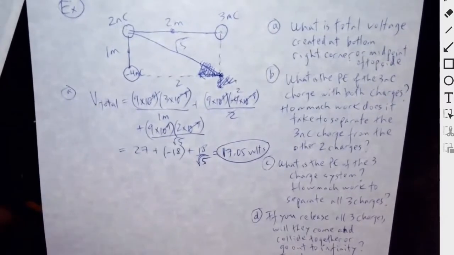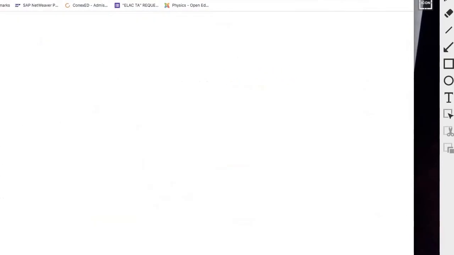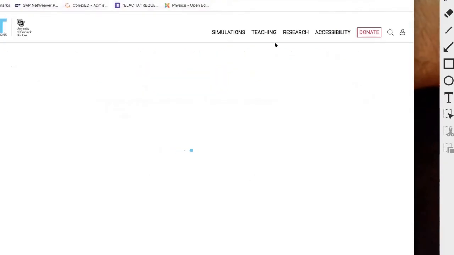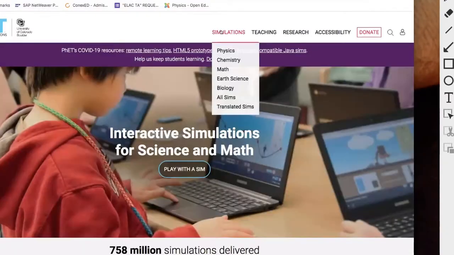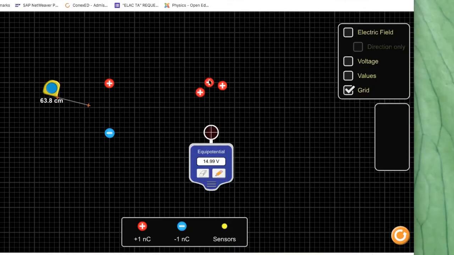Okay, let's see that from that website. Because everything's usually worked out with electrical field. One, two, three.